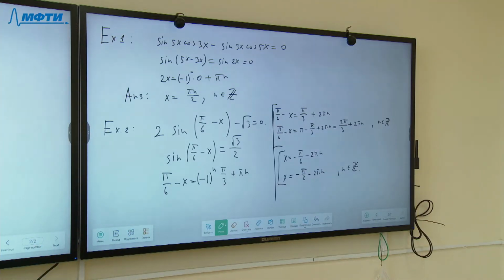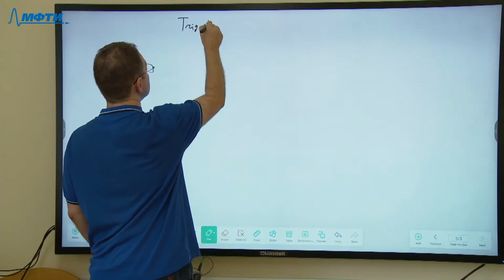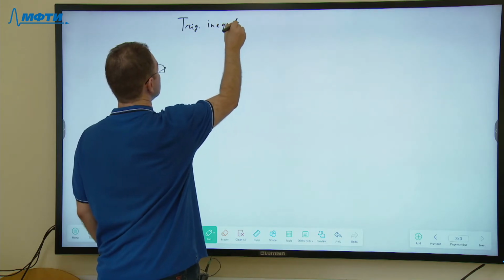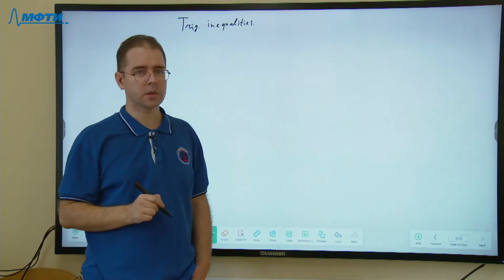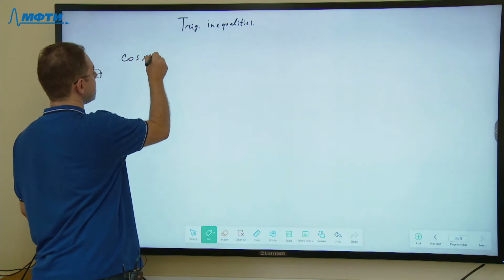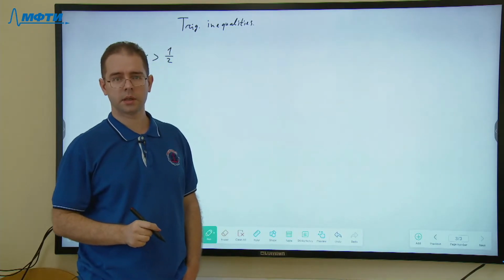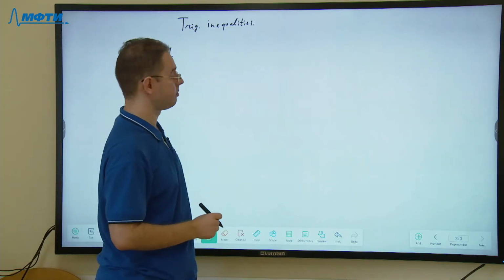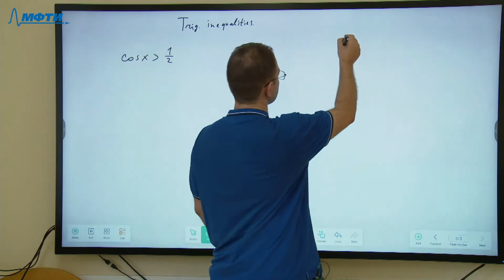So moving on, yes, inequalities. Suppose we want to solve an inequality: cosine x is greater than 1/2. It would be actually very easy to solve it looking at the unit circle.